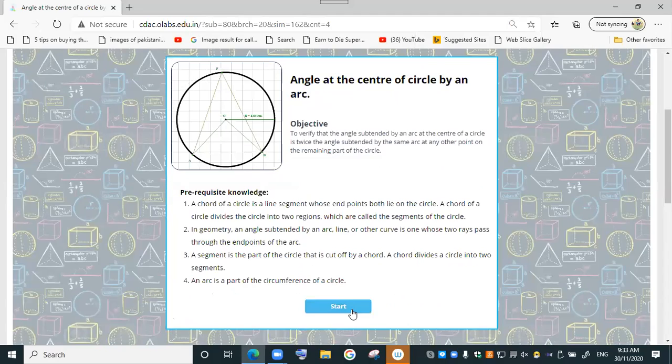Start button, click the start button. So I think better to write like this: objectives, prerequisite, materials required, they are missing, you should write.